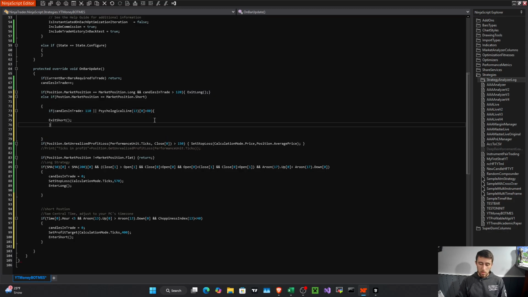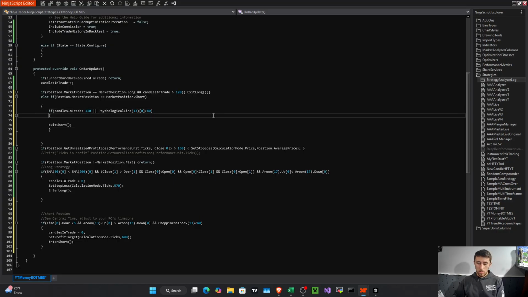Then we exit short. So if we're in a short position and our candles in trade is greater than 110 or psychological line is greater than 80, we exit short. So let's compile this.